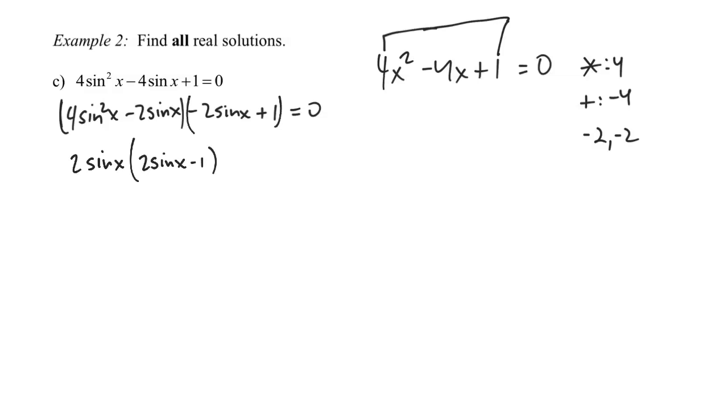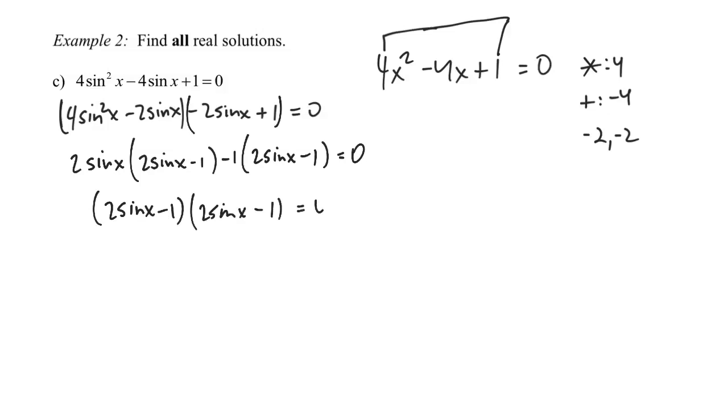And then from the second two terms, the only thing I can really take out is a -1, and that will again leave me with 2 sine x minus 1. And so therefore I'm going to have the same factor twice here, 2 sine x minus 1 and 2 sine x minus 1 is equal to 0.